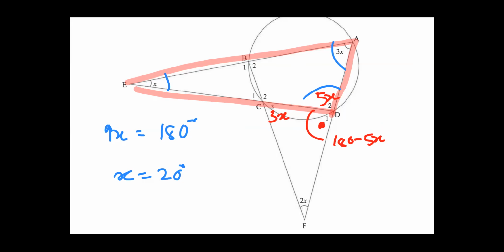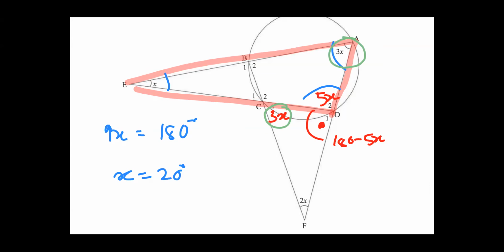We start here with angle A, which is equal to 3x, that was given. Then angle C3 is also 3x, because it's the exterior angle of the cyclic quad. ABCD is a cyclic quad, A and C are opposite each other, so A is equal to the opposite exterior angle.